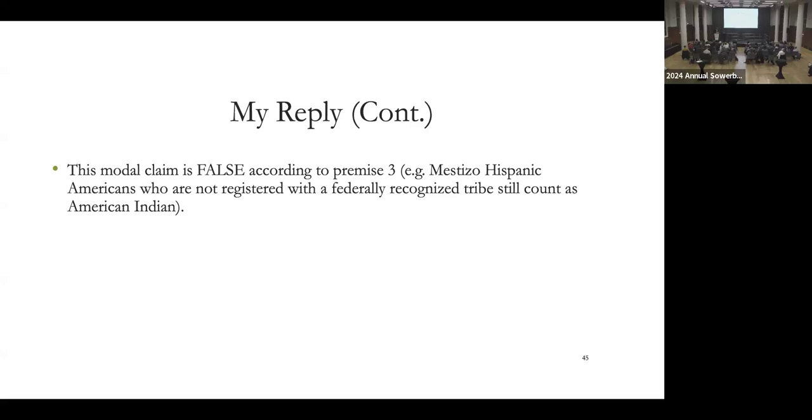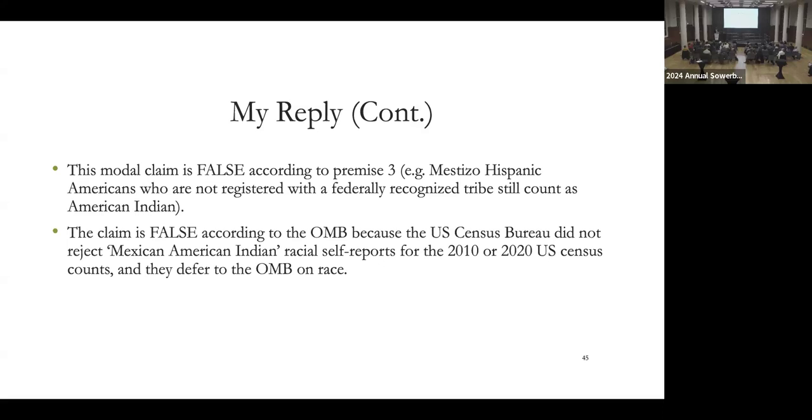But the question is, what does the United States think? We can get a test of this from looking at how the Census Bureau actually counts Americans during federal censuses, at least during the ones where the race talk in question has been in effect.